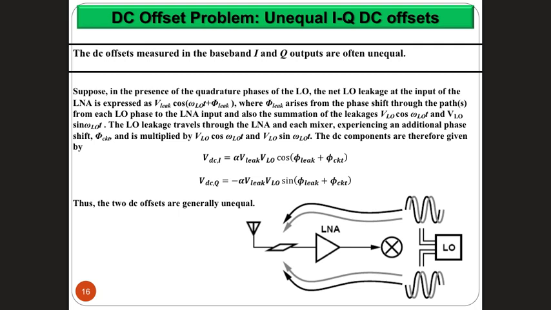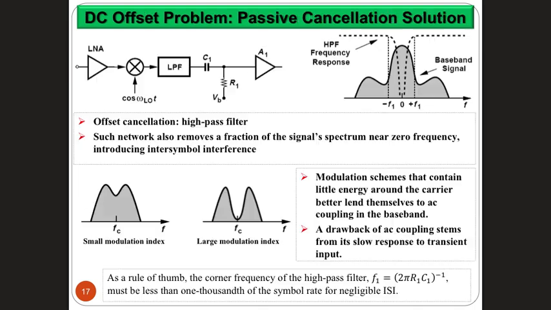Even though it's the same phase, the cosine and sine are not equal except in specific values, which is where? pi over 4. OK? So you end up with two different values for the DC that gets induced, again, this is from a practical perspective, not in the ideal case. OK? So generally speaking, you might end up with two different DC offsets.